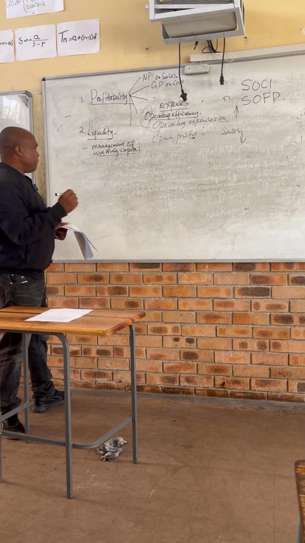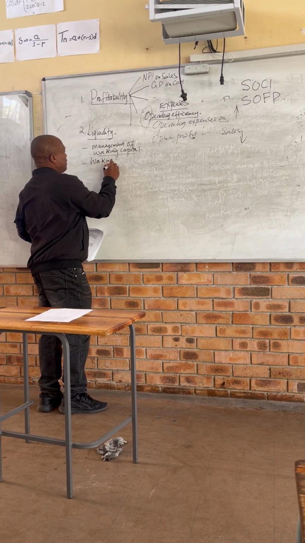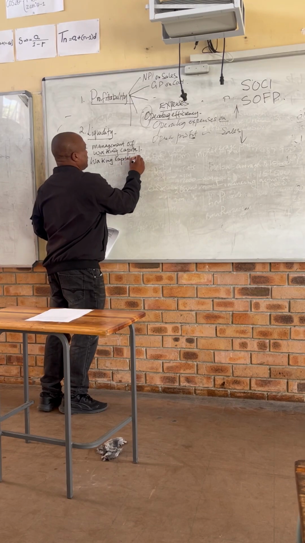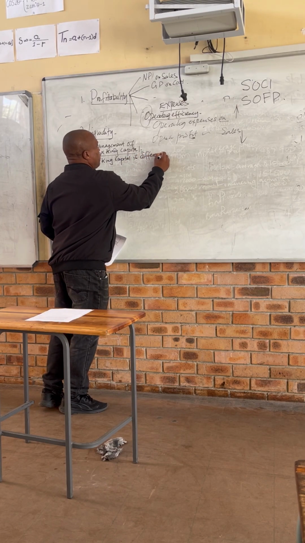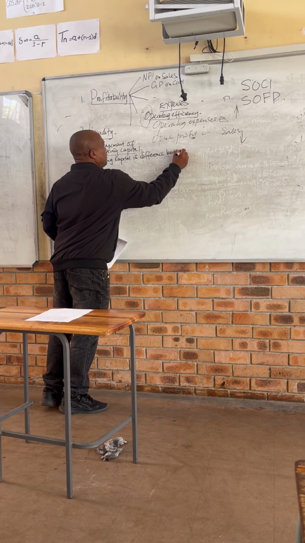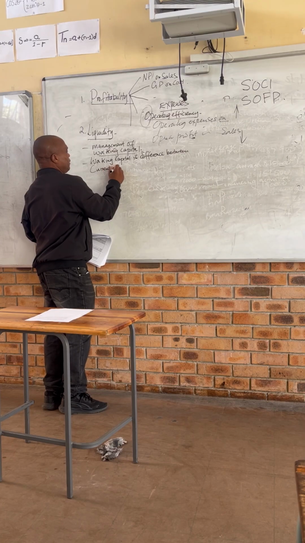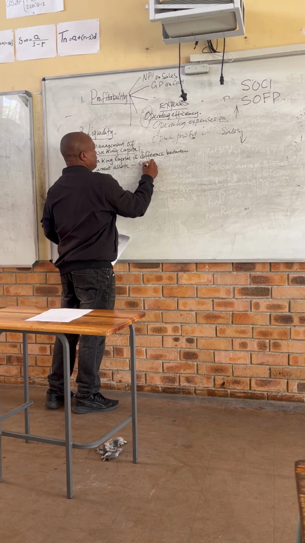Working capital is about our current assets. Working capital is the difference between current assets and current liabilities.